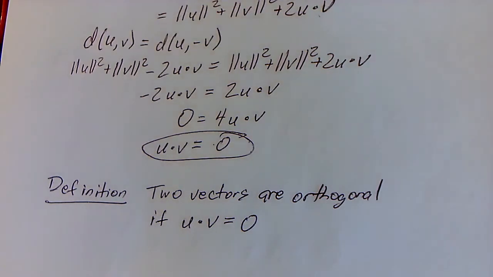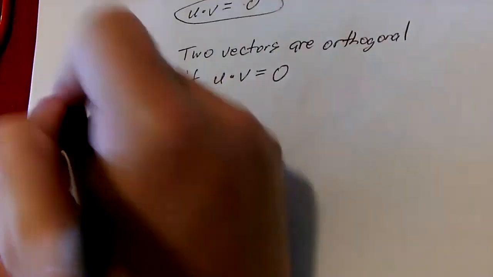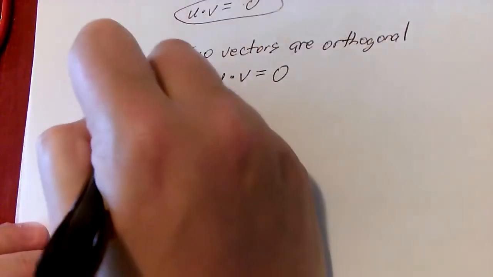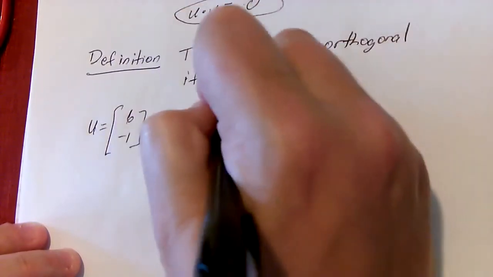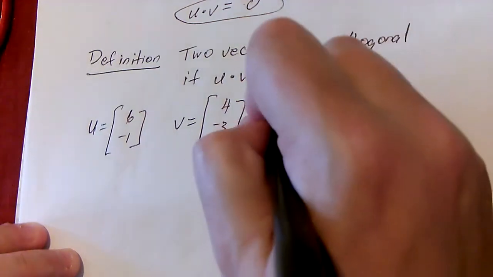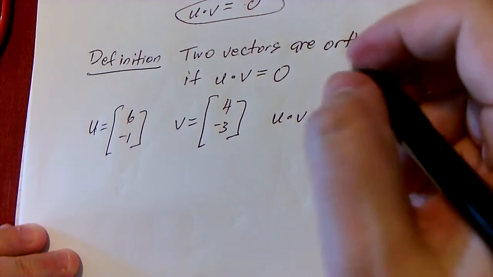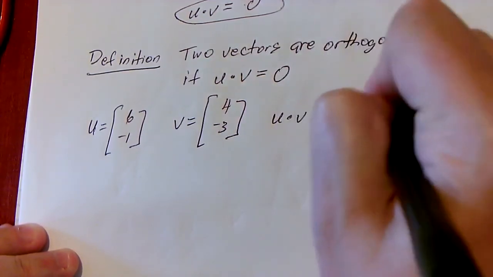Okay, so that's what you need for 2 vectors to be orthogonal. So let's look at a couple of examples here. If I have u equal to (6, -1) and a vector v equal to (4, -3), u dot v would be 6 times 4, which is 24, plus -1 times -3, which is 3.